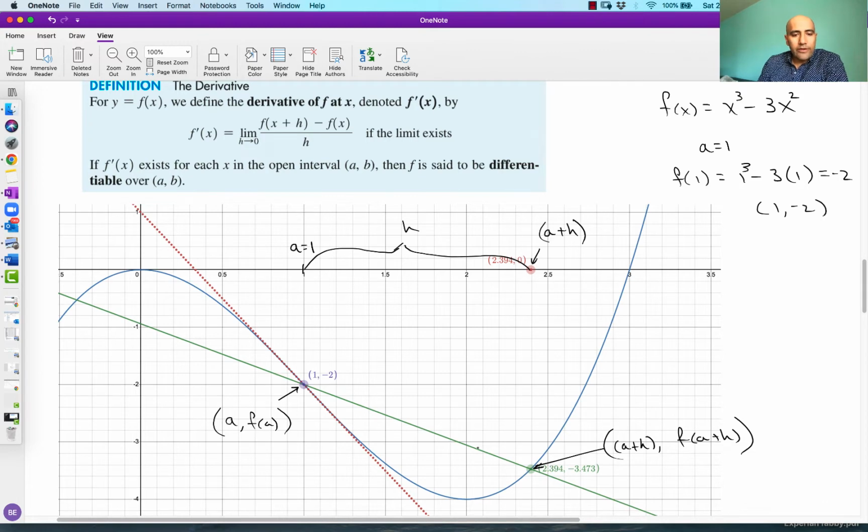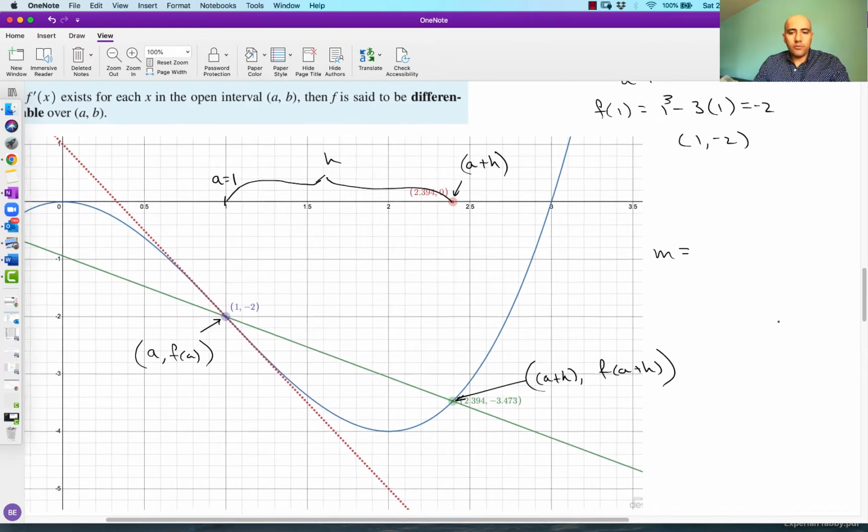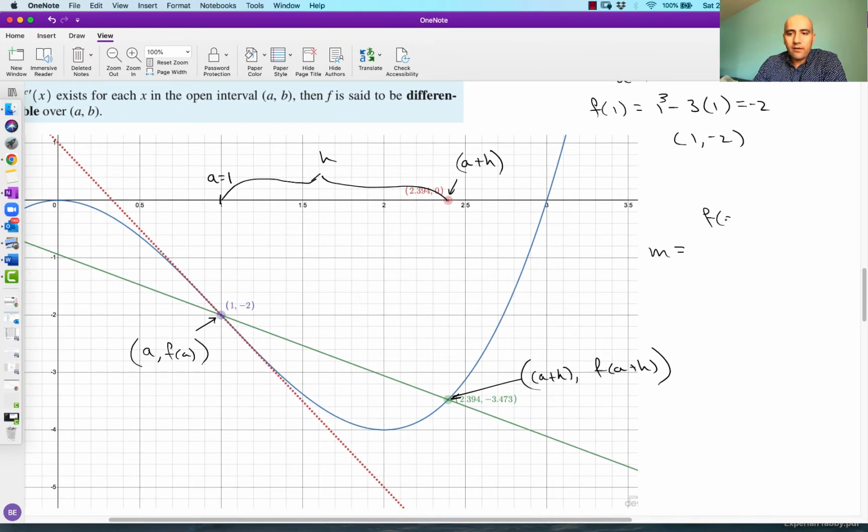Okay, and now if we are interested in finding the equation of the secant that connects this point and this point, we would need the slope, m. And so the slope would be equal to f(a plus h) minus f(a), divided by (a plus h) minus a.